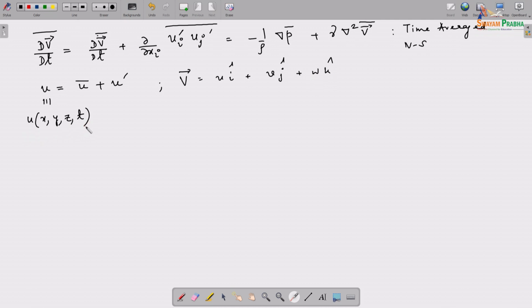So we take a time average of the velocity along with a fluctuating part. This is how we are representing turbulence.